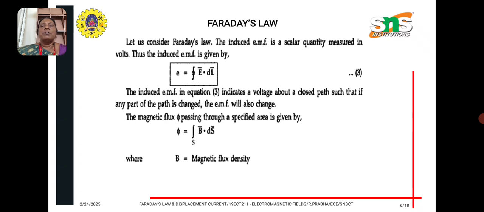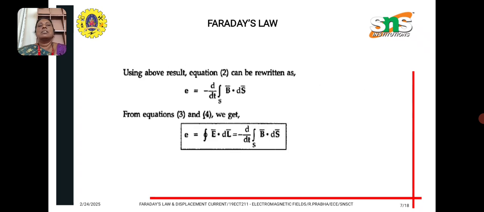Now the magnetic flux denoted by phi passing through a specified area is given by phi is equal to the integral over the surface area of B dot ds. That is, the magnetic field surface integral gives the flux, and B is the magnetic flux density.